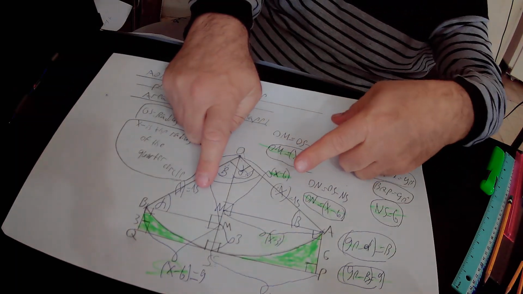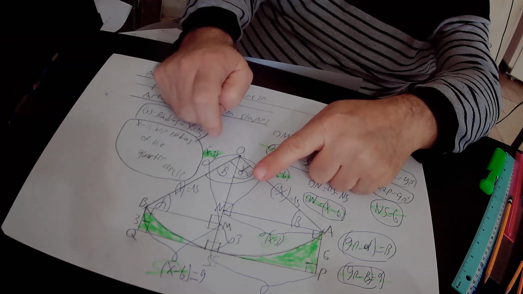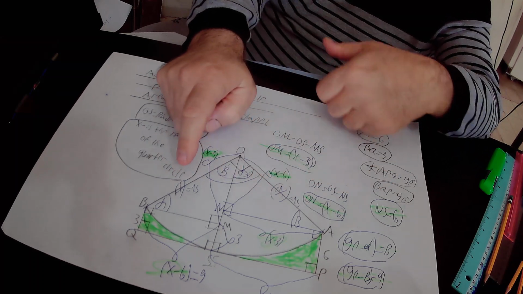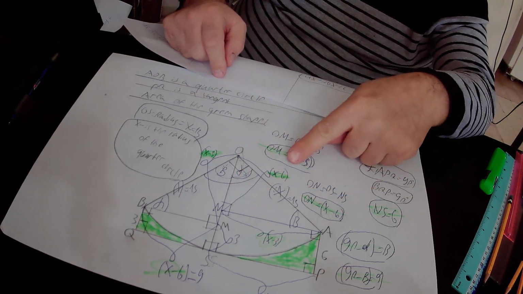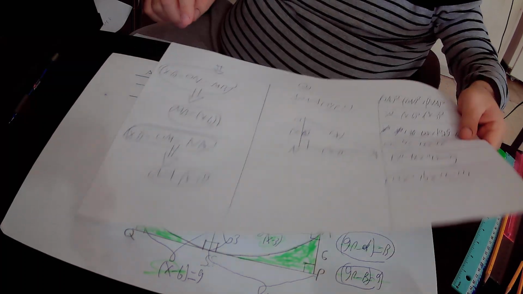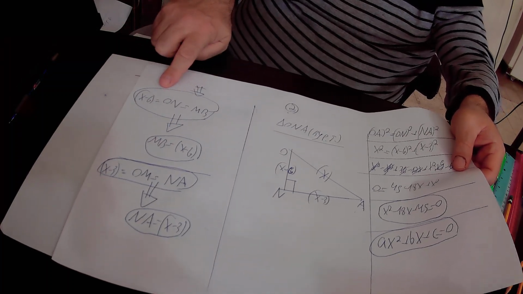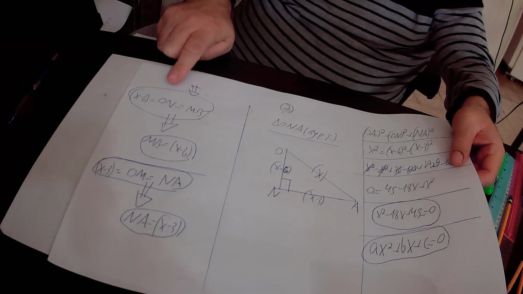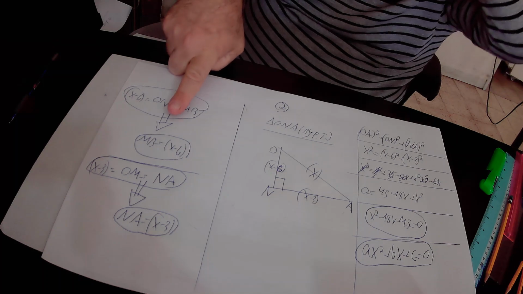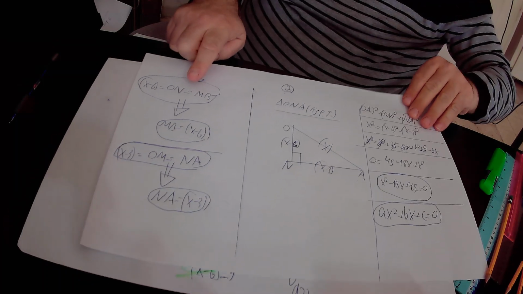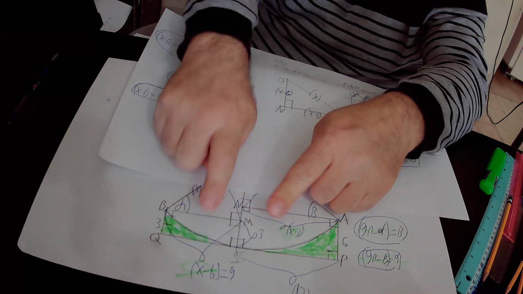Those two right triangles can go into each other, therefore the two corresponding sides, ON and MB, must also be equal. But we have already found that ON equals x minus 6. So we can write here that ON equals x minus 6, and from the equation x minus 6 equals ON equals MB, we derive that MB also equals x minus 6. Here, side MB equals x minus 6.